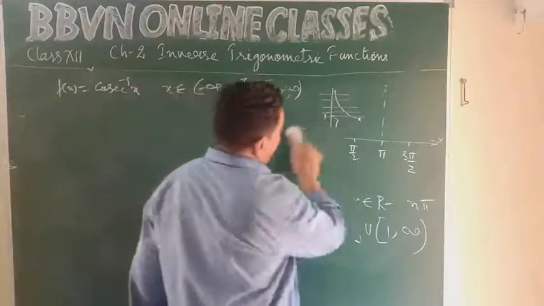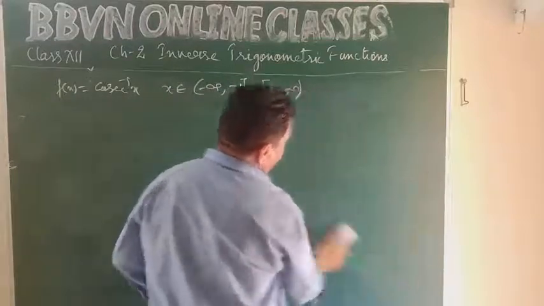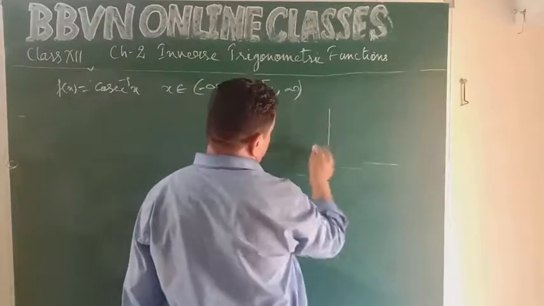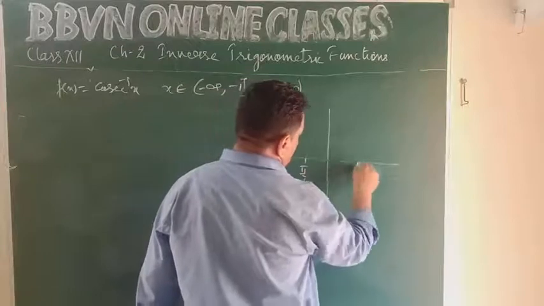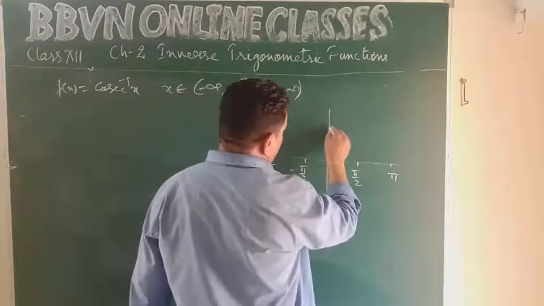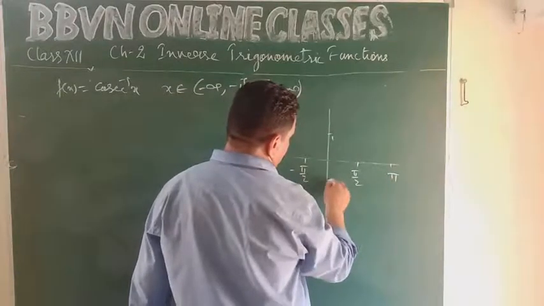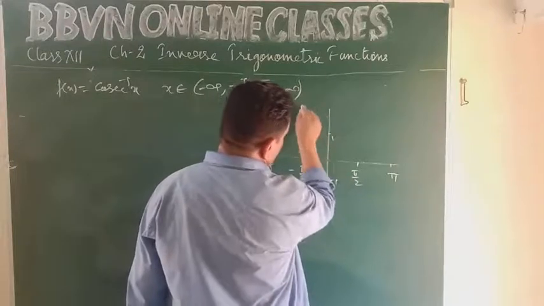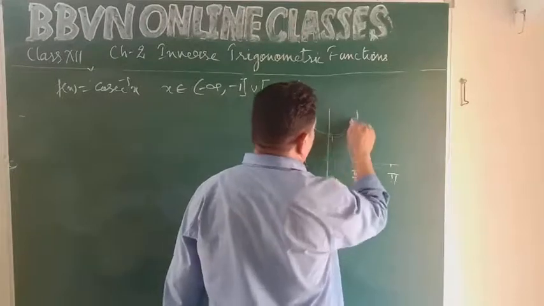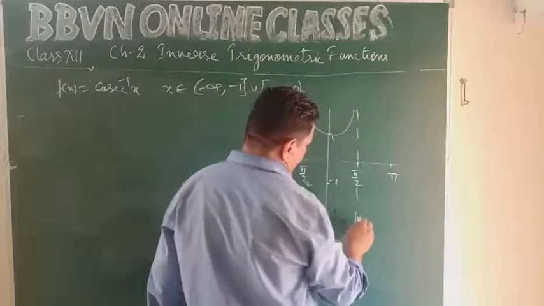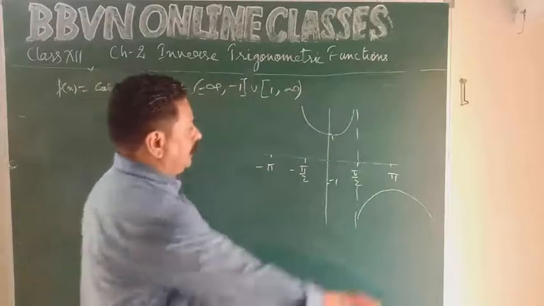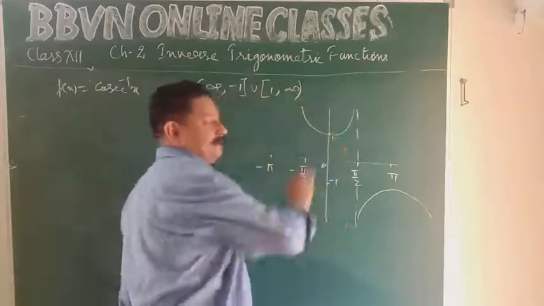In the same way, recall the graph of sec x. Now, from 0 to pi by 2, I can take all the positive values of sec x.